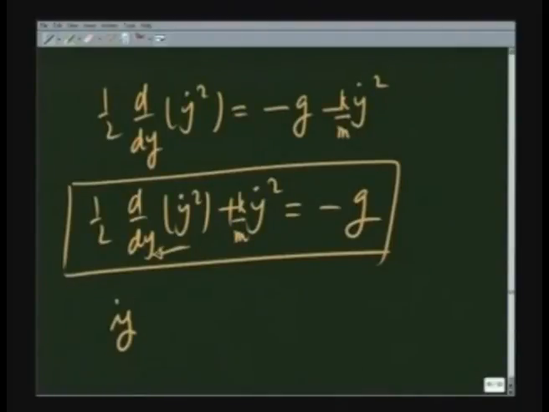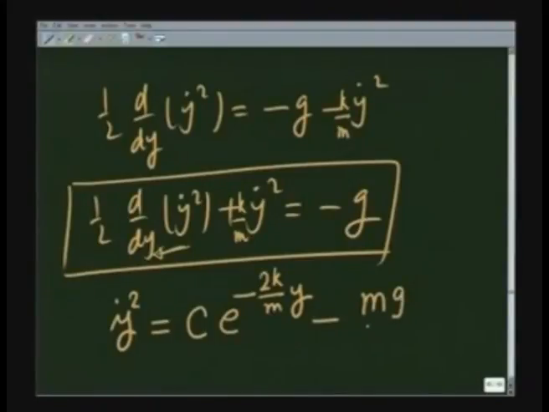Y dot square is going to be of the form c e raised to minus 2k over m y minus m g over k.